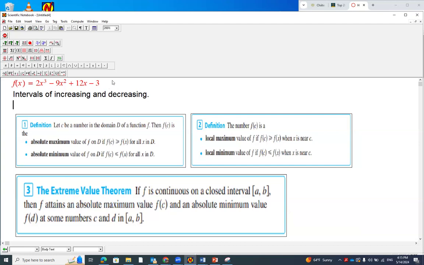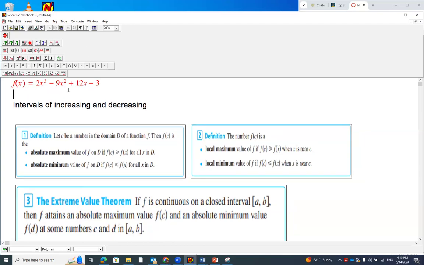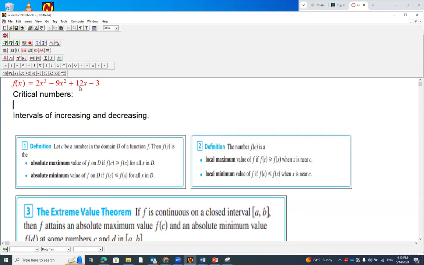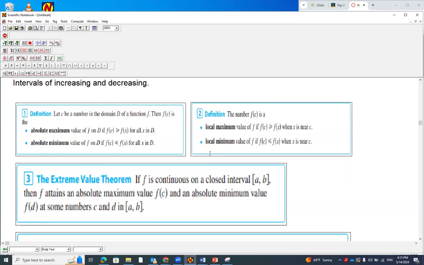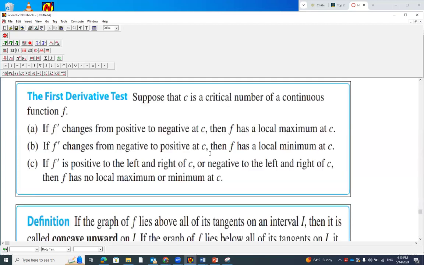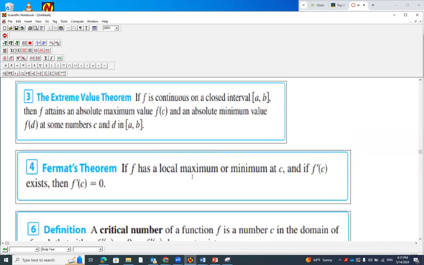So naturally, we're going to look for critical numbers first, before we do anything else. What's the definition of critical numbers? We have studied Fermat's theorem, which established the relationship between local max, local min, and a critical number. And of course, we have a definition of critical numbers.